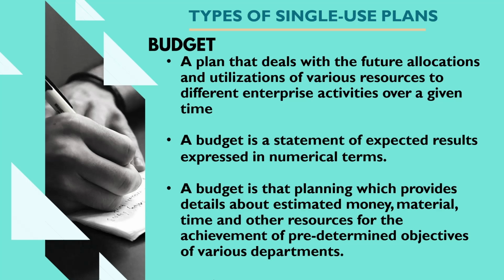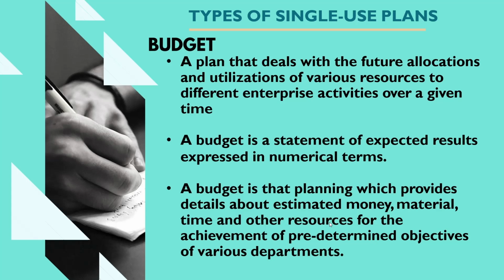So, budget is simply a resource allocation and utilization for specific activities within the organization over a set period. Resource allocation meaning hindi lang pera ang ina-allocate ninyo but including materials, time.